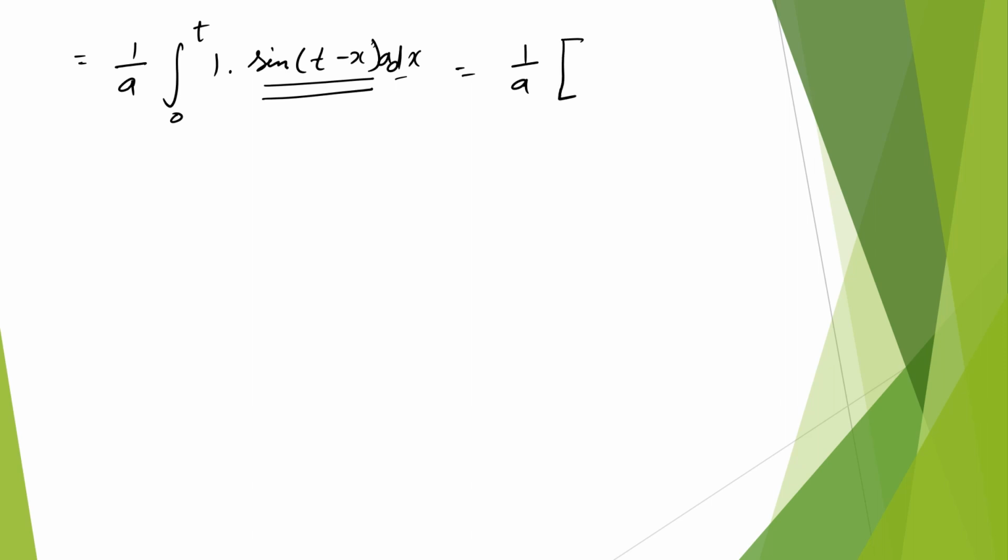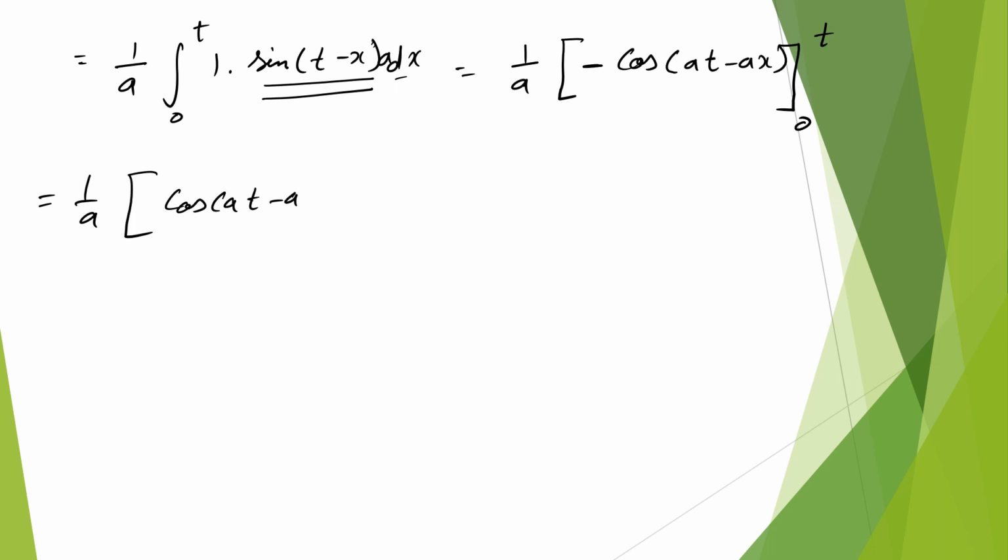For the integration of sine, we get cos a(t minus x), and because it is an integration with respect to x, we get minus 1, and the limit is 0 to t. Now 1 by a, substituting the limits, or we just interchange the limits of cos a(t minus x) and remove the negative sign, the limit will be t to 0.